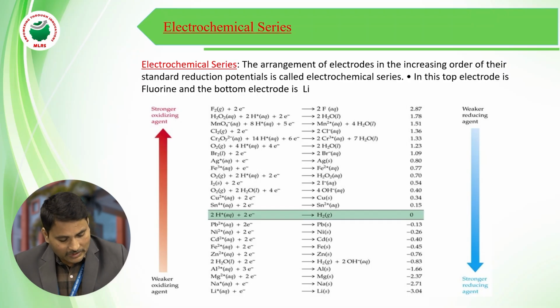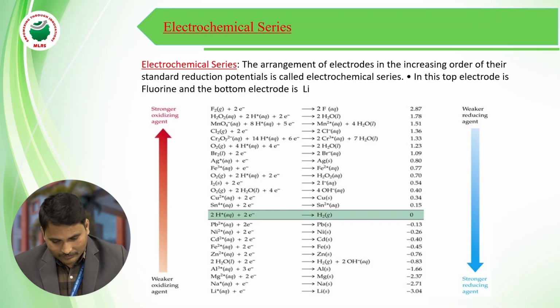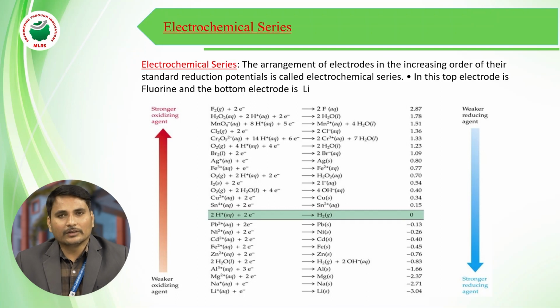Actually, what is meant by the electrochemical series? The electrochemical series is a series in which the electrodes or metals are arranged in an order. If you see this diagram, the electrodes are the metals, arranged based on their reduction potential values.